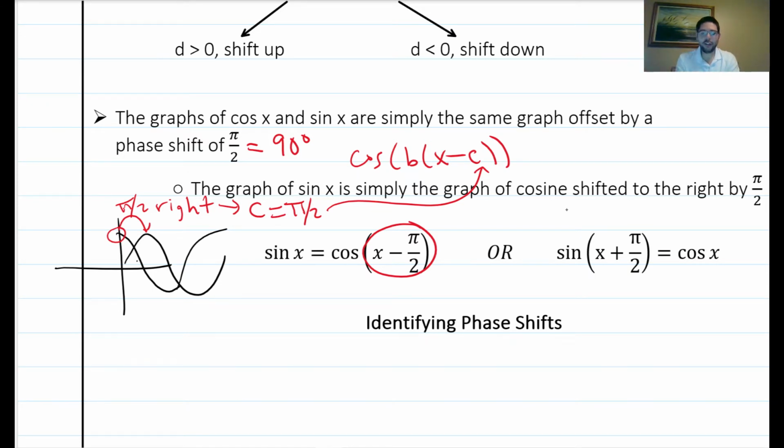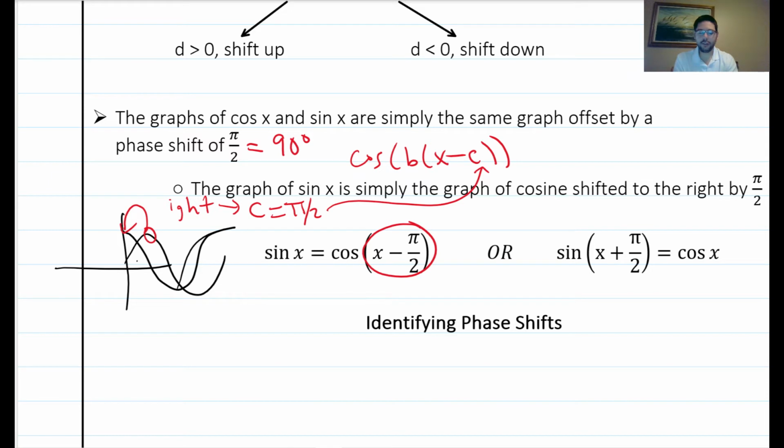Now, similarly, if I were to take the sine graph, let me draw the cosine graph again here. I would have to take the cosine graph and shift it to the left in order to get the sine graph, right?